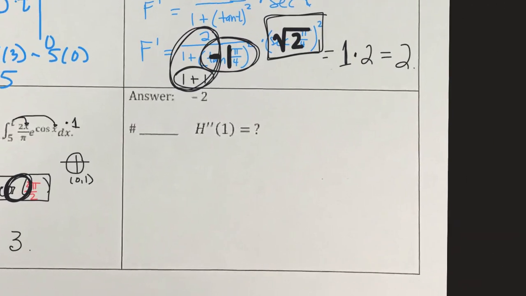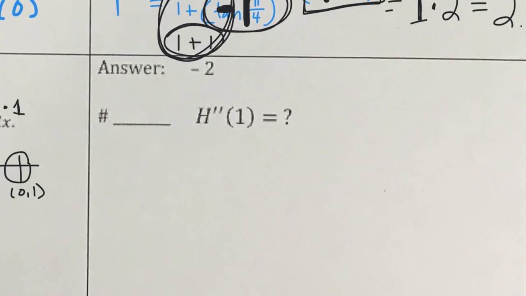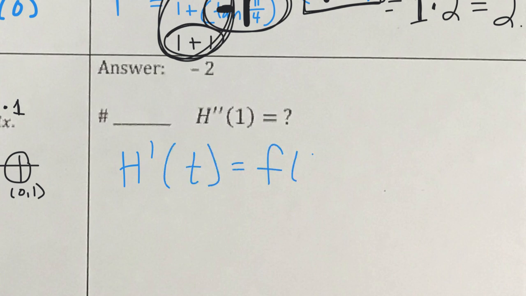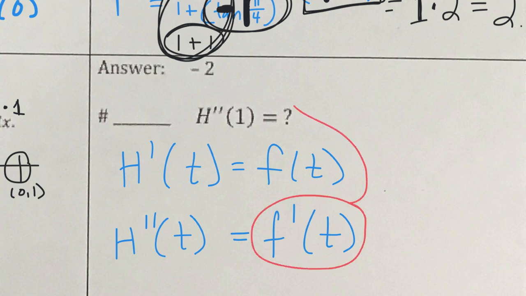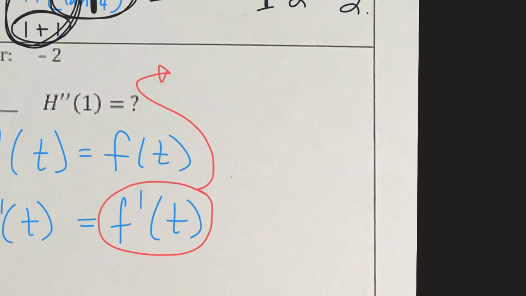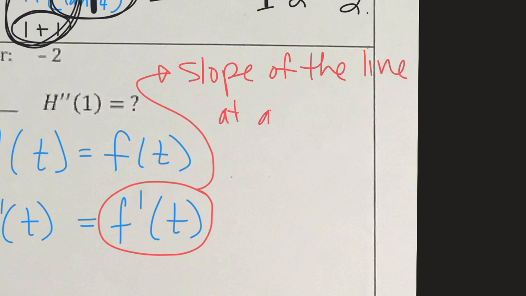Right here. H double prime. So remember from a second ago, h prime at t is equal to f of t. We calculated that. So let's take the derivative of f, and that gives us f prime. Okay? So it takes some understanding. What is f prime conceptually? The slope of the line at any value t.